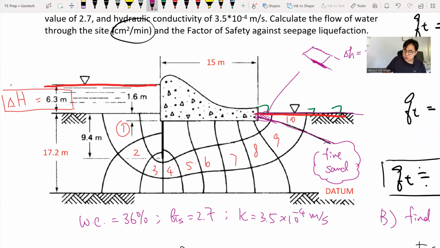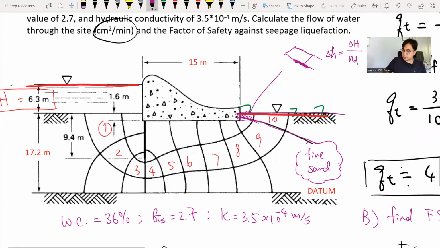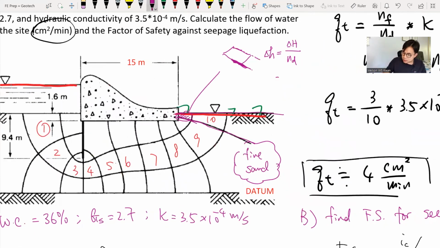So at the end of the day, it's the total head across the site divided by the number of drops. In this case, 6.3 meters divided by N sub D, which is 10, equals 0.63 meters. So this represents each water head drop per flow net grid.